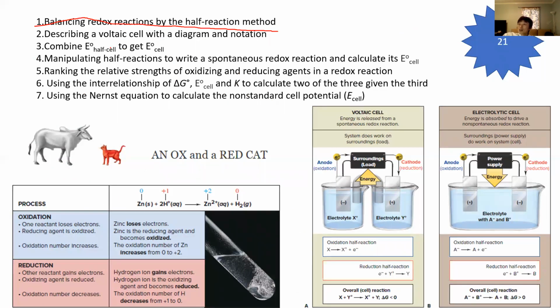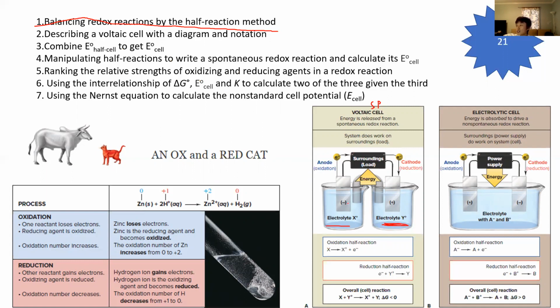Then we discussed the composition of an electrochemical cell. We mainly talked about the voltaic cell, which means the reaction is spontaneous, so once we close the circuit, everything happens spontaneously. We also talked about the cell potential, which is the overall cell potential calculated from the half-cell potentials.